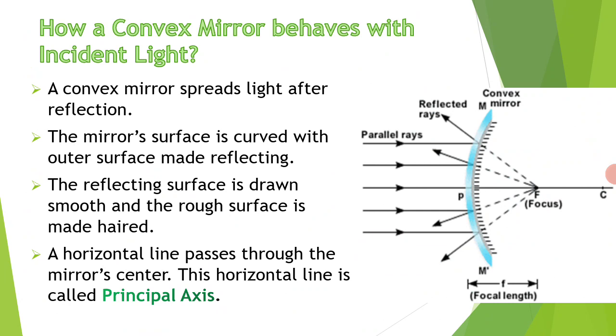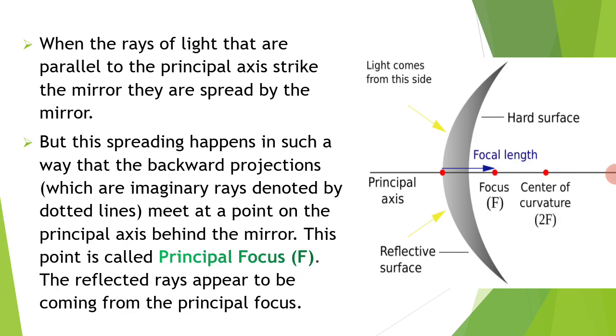In other words, we can say that the straight horizontal line which divides the mirror into two equal parts from the center is called the principal axis, and it is denoted by capital P. When rays of light parallel to the principal axis strike the mirror, they are separated by the mirror.